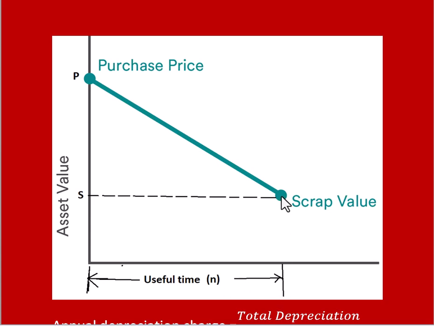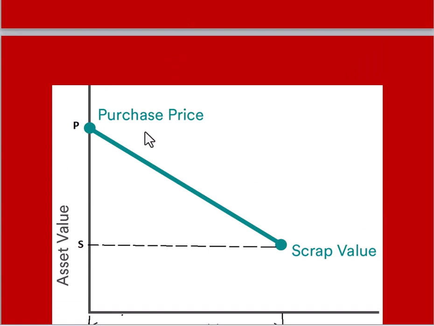Whatever value is obtained here is called the asset value or scrap value. The difference between this purchasing price and the scrap value is called the total depreciation, and the scrap value is denoted by the letter S.